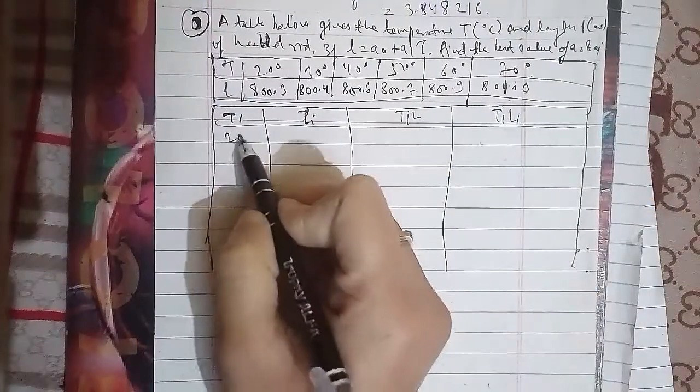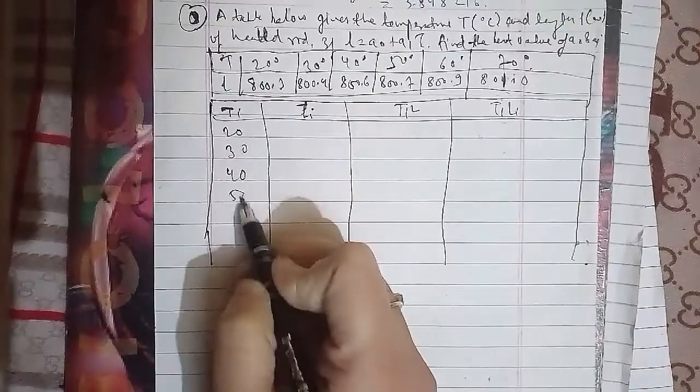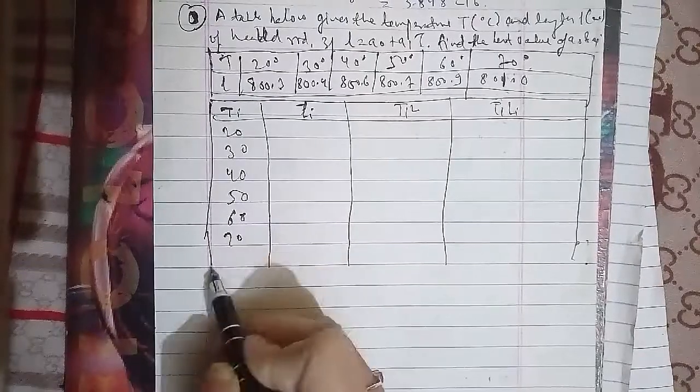This is for 20, 30, 40, 50, 60 and then 70.